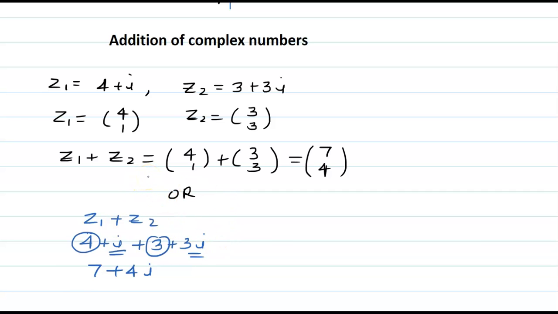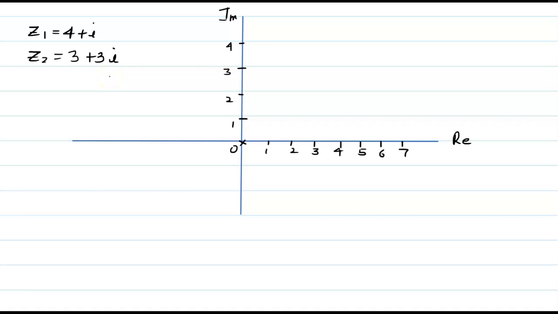Now our problem is how to represent this on an Argand diagram. We have seen already how to represent z1 and z2. Now we are learning about addition, how to put two complex numbers on an Argand diagram when we are adding them. First vector is 4 plus i, so we move 4 steps forward and 1 step on the imaginary axis.